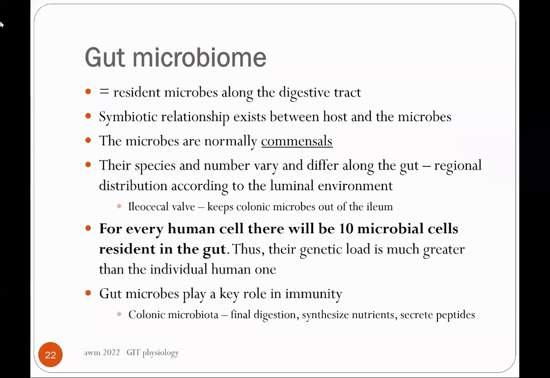So basically your microbial population in the gut is greater than the cells of your body. So the genetic load is much greater than the individual one. And this is very interesting. If you count all the cells that make up your body from your hair all the way to your toe, and then compare those with the gut microbes, the number of gut microbes is 10 times greater than the cells that make up you.